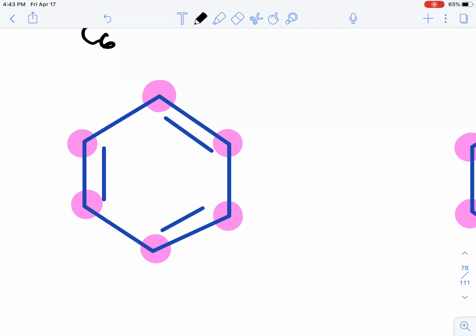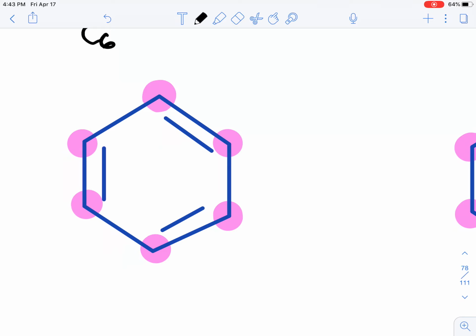So remember that each carbon, each of these pink dots, wants to follow the octet rule. So they need 4 covalent bonds. And so whatever is not shown, it's implied that a hydrogen is covalently bonded to that carbon. So what does all that mean?